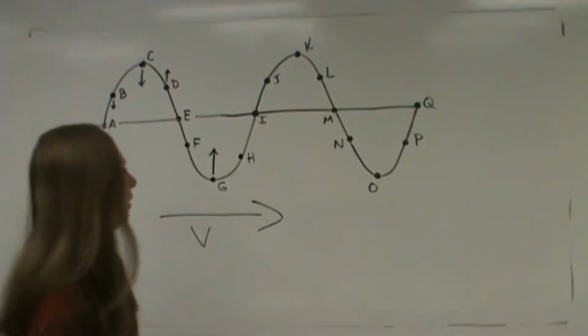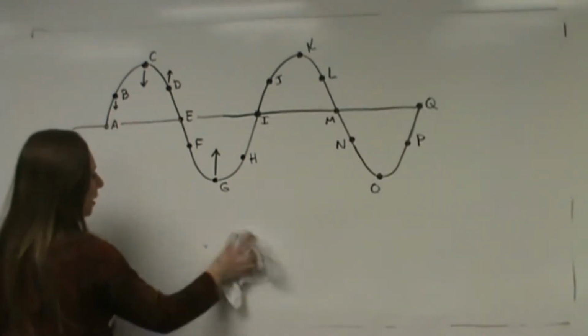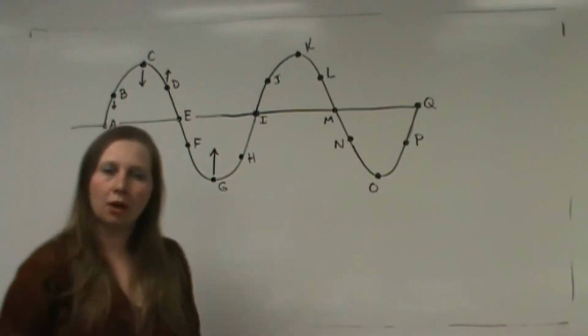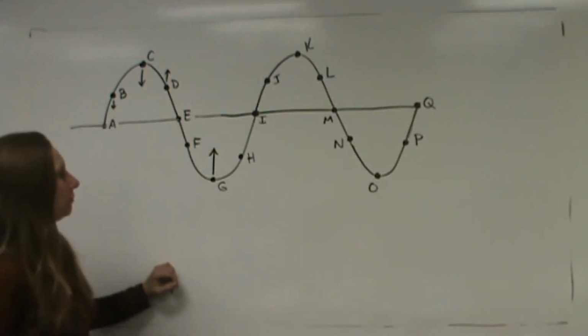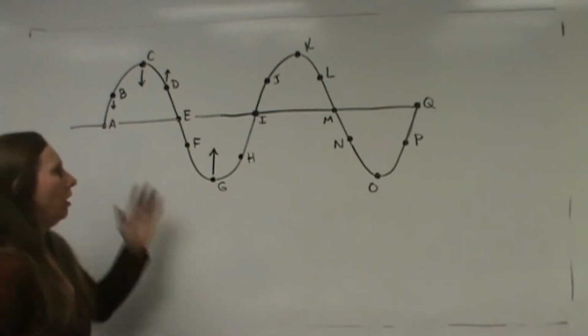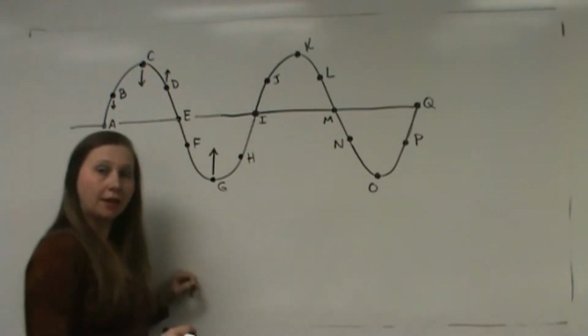What we'd like to do now is pick out pairs or trios of points that are in phase. And they would be on different cycles.